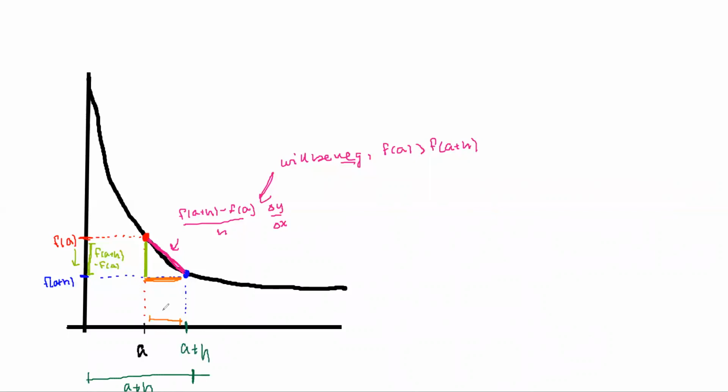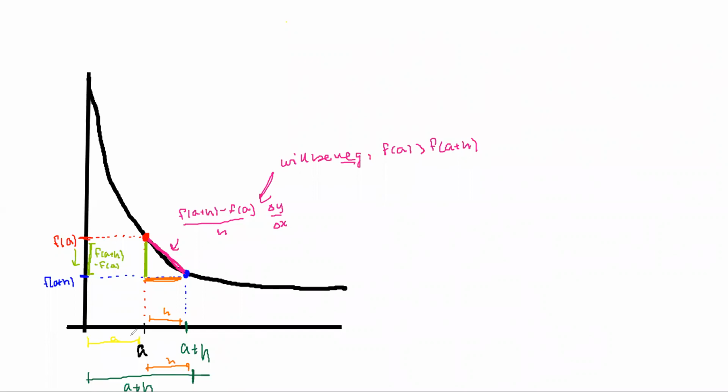And then the distance between the points is going to be h. So if this is the distance a, a is the distance between 0 and a. Okay, now I get it. Thank you.